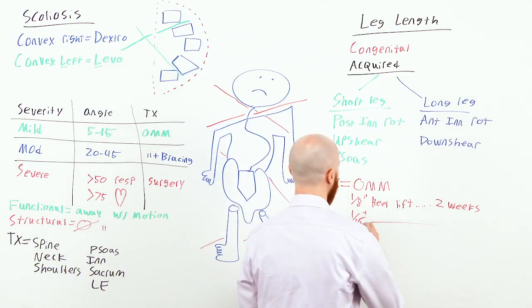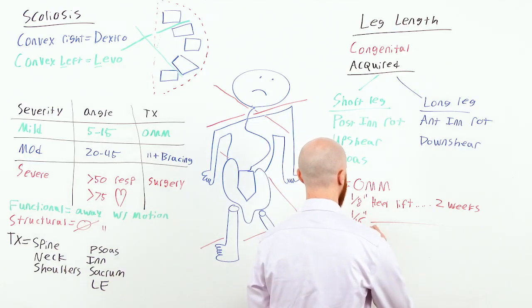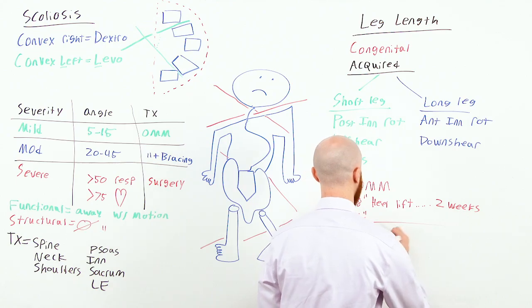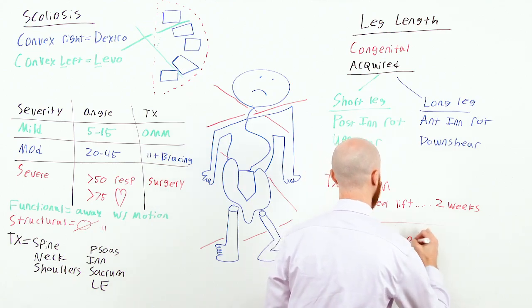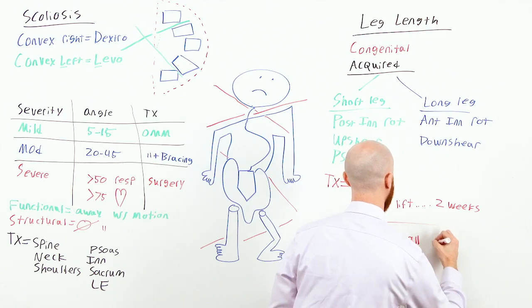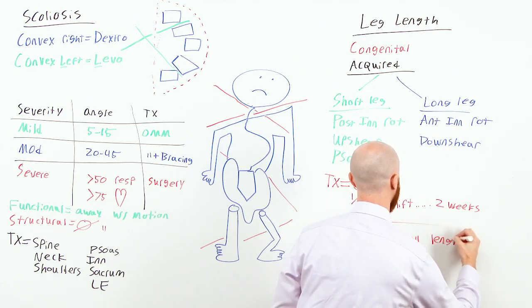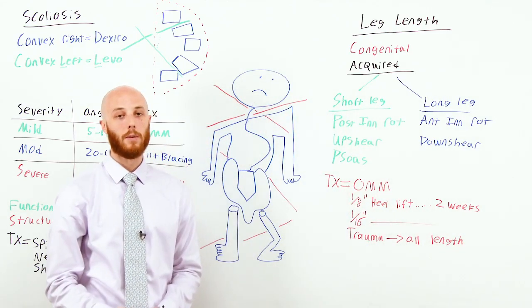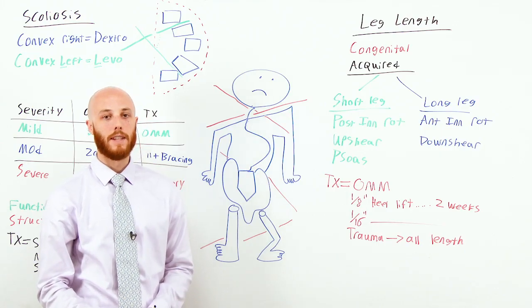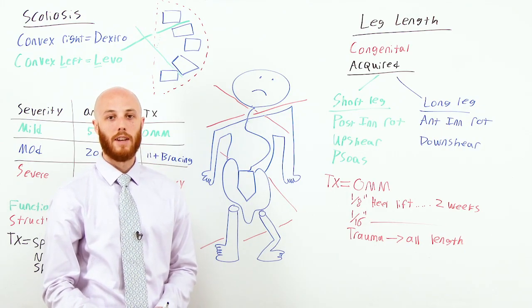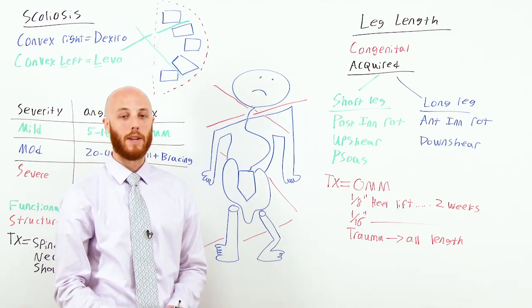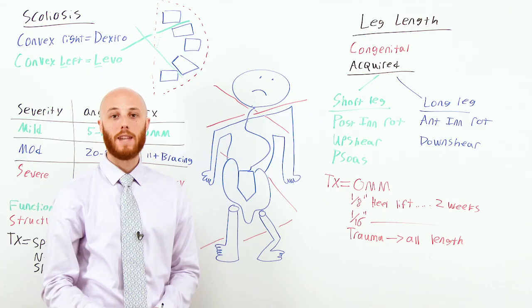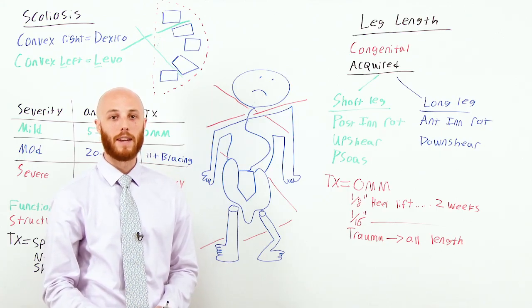Now this is different for trauma cases. So in this example, by trauma, I really mean fracture. Let's say that the patient has a femoral fracture, he has to go into the operating room and have it repaired. When he comes out, he now has some sort of leg length discrepancy after the repair.